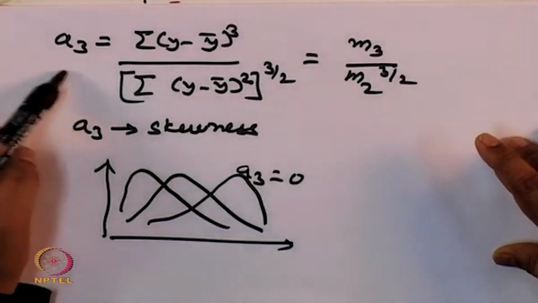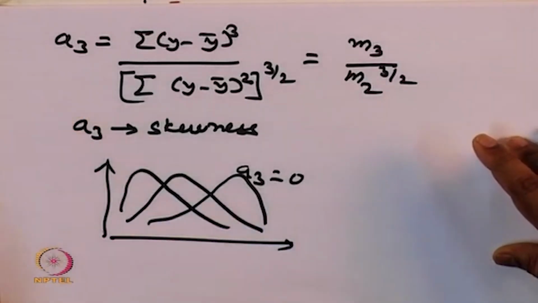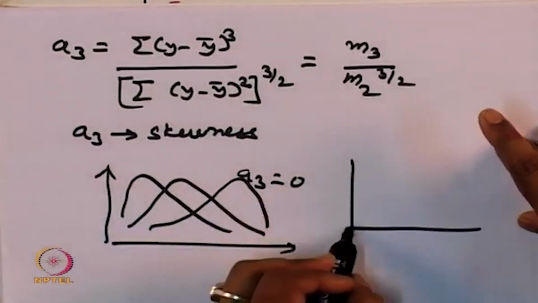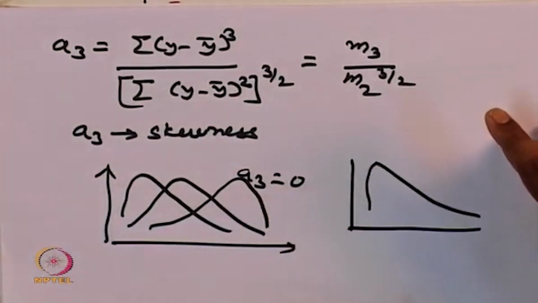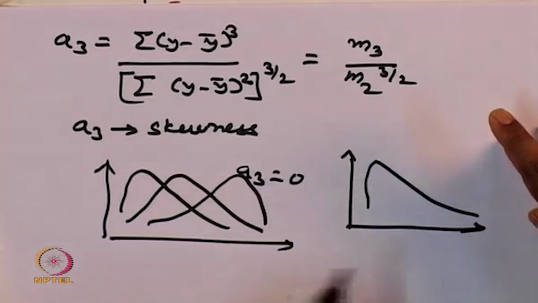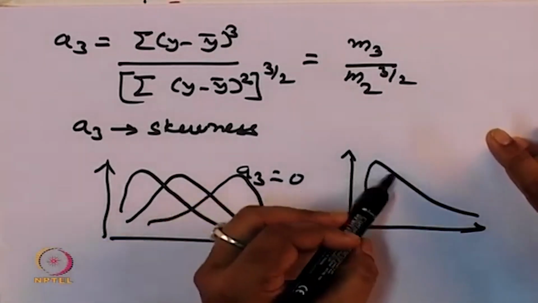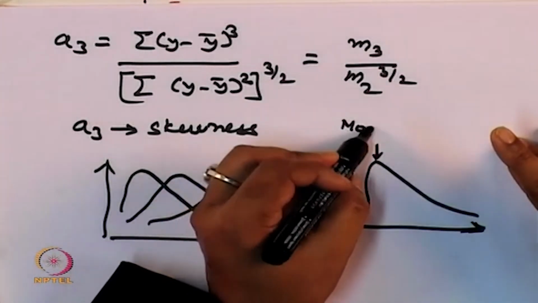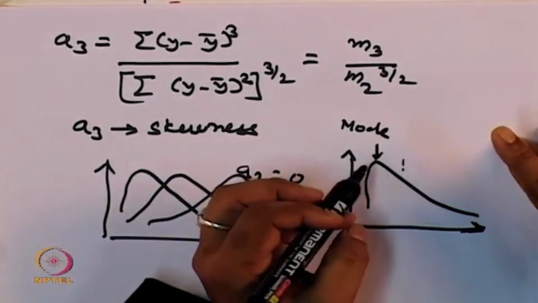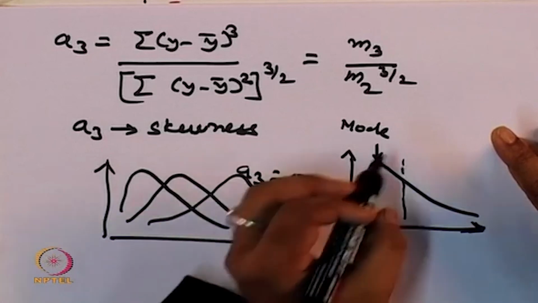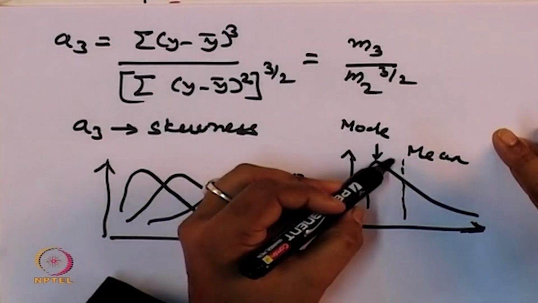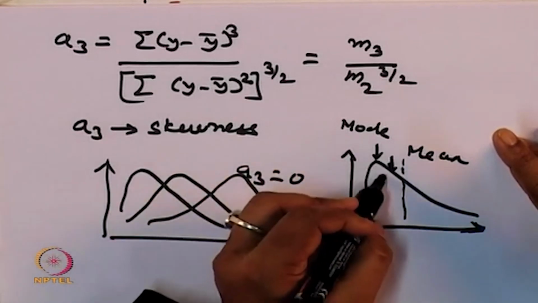If we look at our definition of A3, let us say we take a particular distribution which is skewed to the left. So, this is going to be my mode, this is where my mean will lie, and this is where my median will lie.